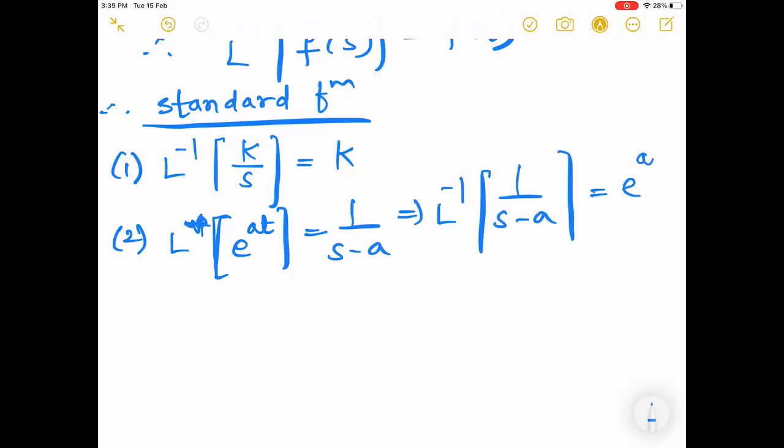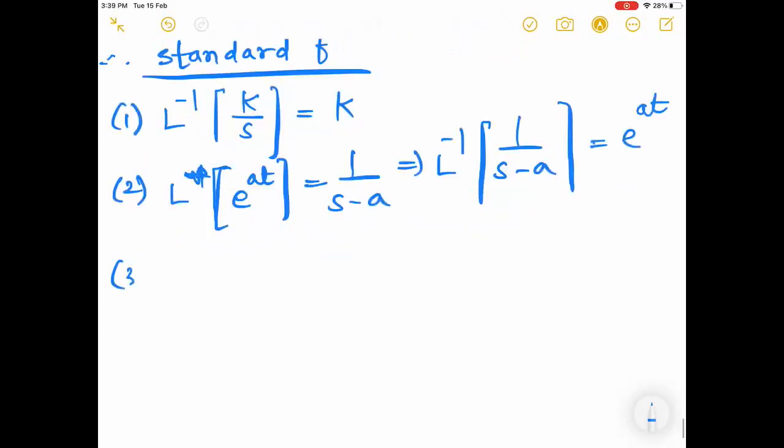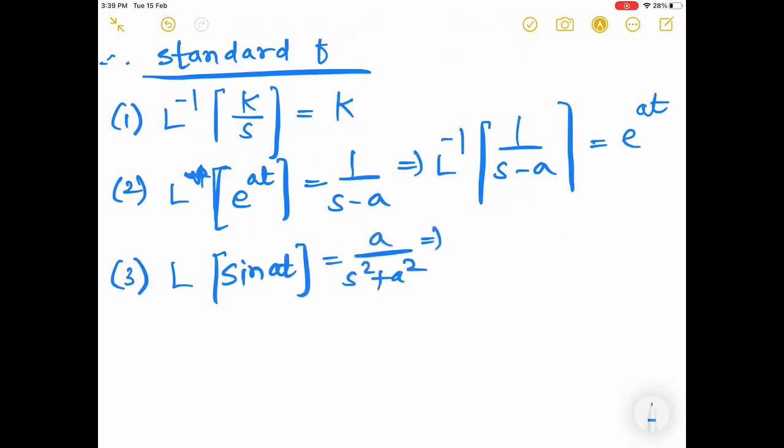That you can understand. Similarly, the Laplace transform of, say, sine of at is a upon s square plus a square. Therefore, for the inverse transform, generally inverses are only for the s function.